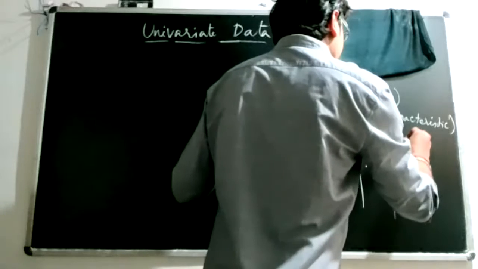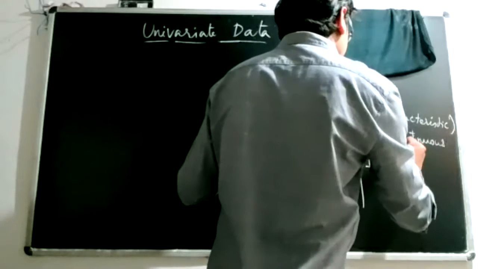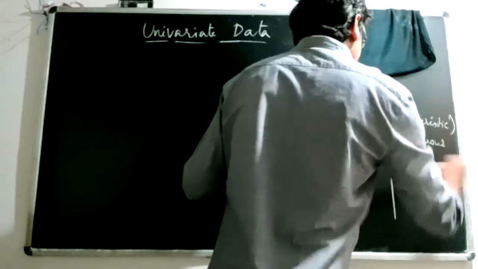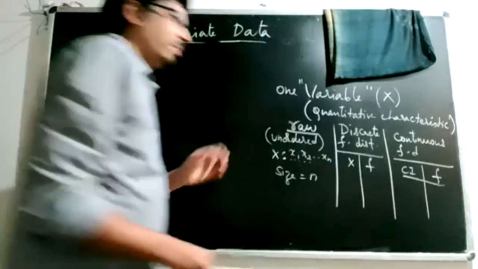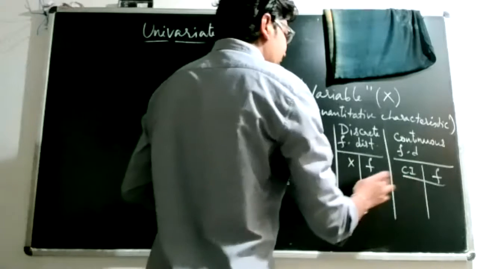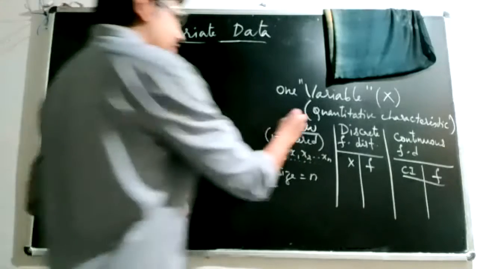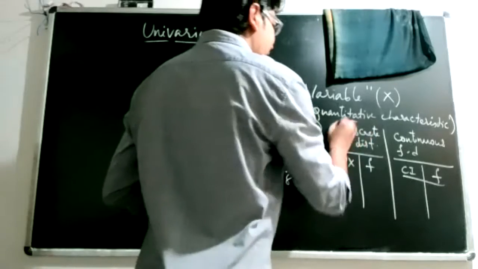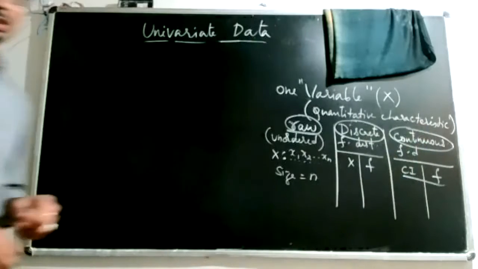At certain times when you feel that n is still very large, the range is very large, or the variable is continuous, instead of writing all possible values of x, you represent that by small subranges called class intervals, and such a distribution is called a continuous frequency distribution. So these are the three basic categories: raw data, discrete frequency data, and continuous frequency data.